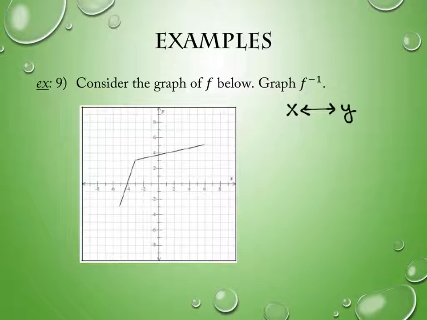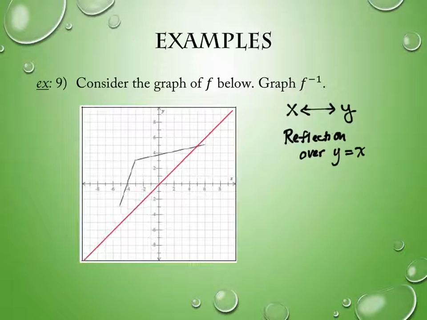Graphically, when we do an inverse, it is a reflection over y equals x. So what do I mean by y equals x? Well, y equals x is a line. It's this line, in fact.